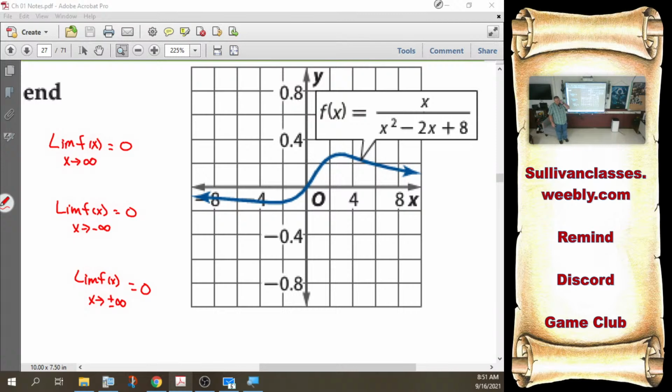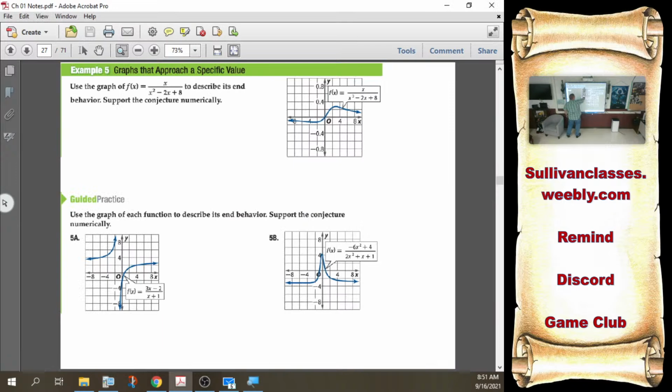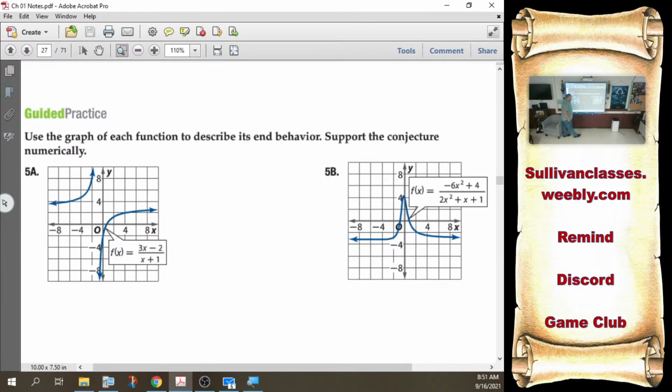Just save yourself a little bit of writing, a little bit of space. I'm okay with that. So, sometimes they ascend to a very specific value. Go! Find their limits. Find the end behaviors stated as limits.